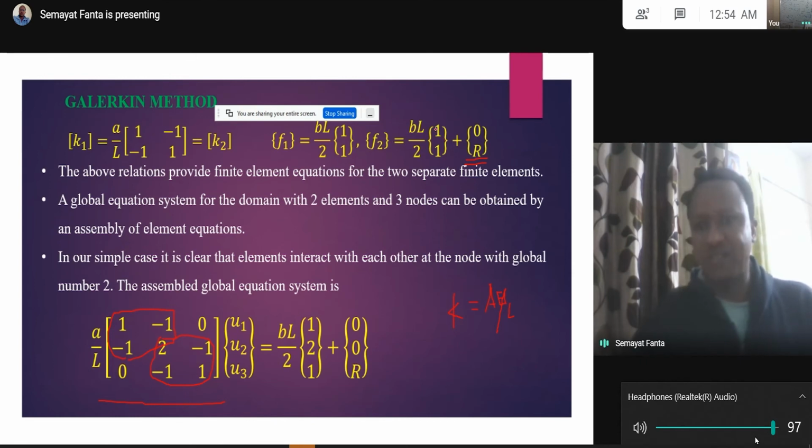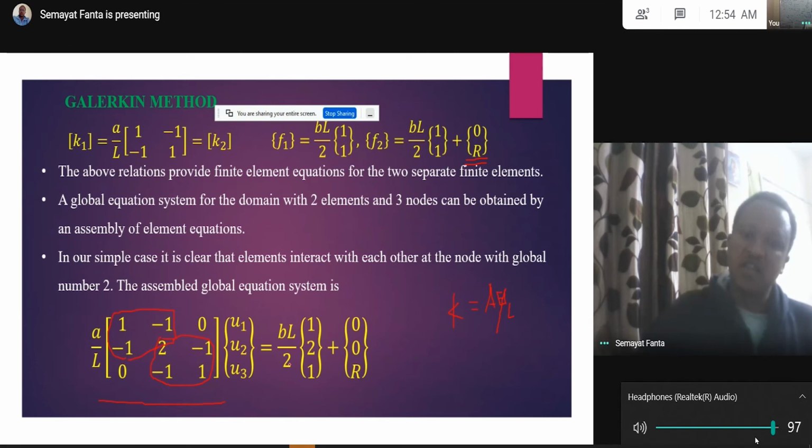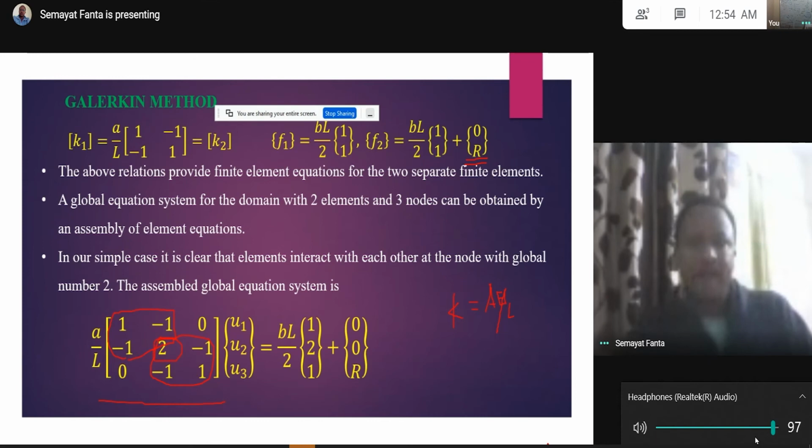This is the compatibility condition, so these terms will sum up, here also and here also.